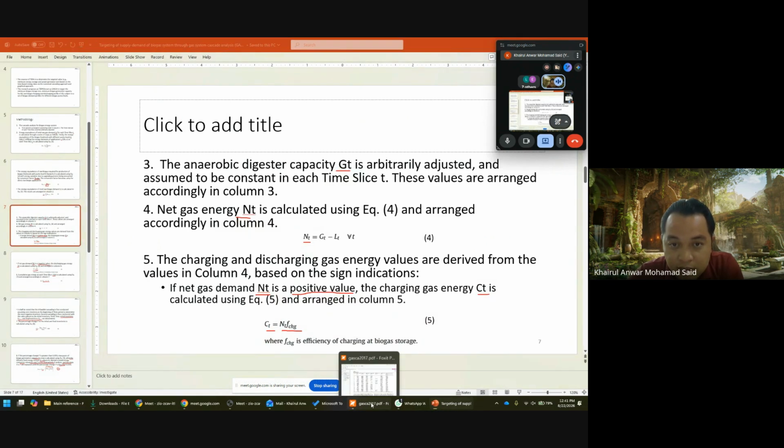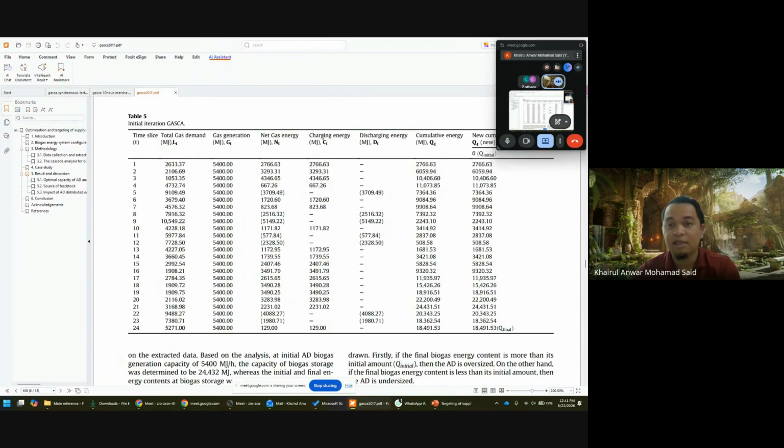Okay, next is CT. So to calculate CT, it is charging if the net gas demand NT is a positive value.